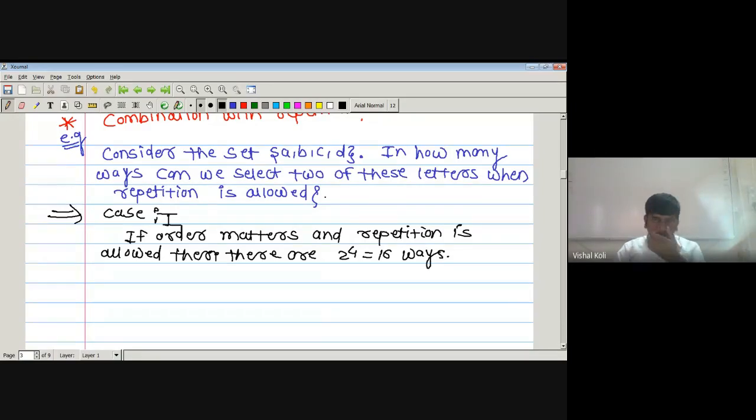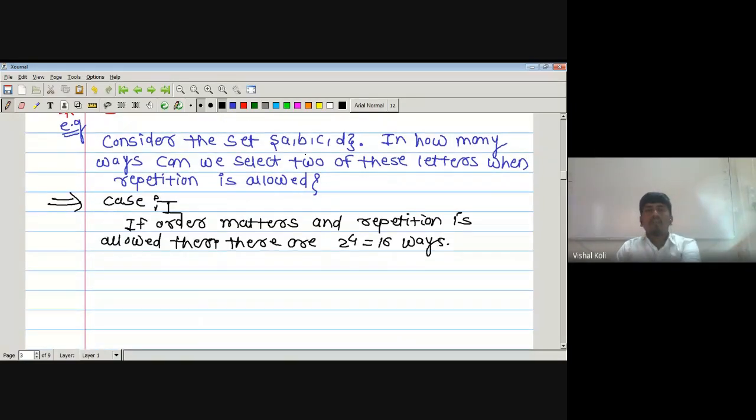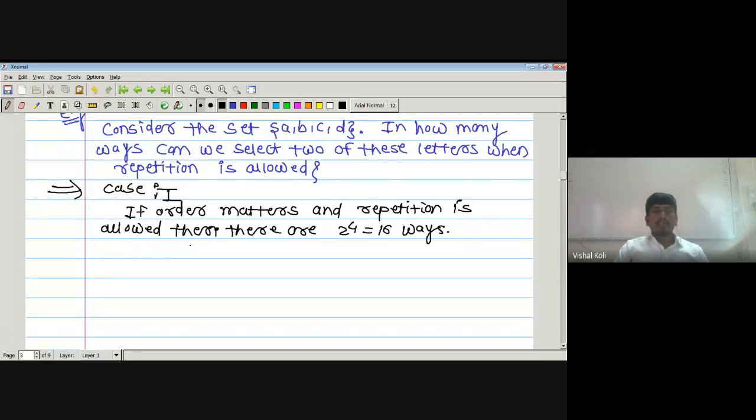That is, we have to take any two letters from these four letters. So let us see which are those. First one is AA. As repetition is allowed, we can take A two times. Second will be BA, third will be CA, fourth will be DA. Now, as BA and AB are two different things, we have AB, BB, CB and DB.